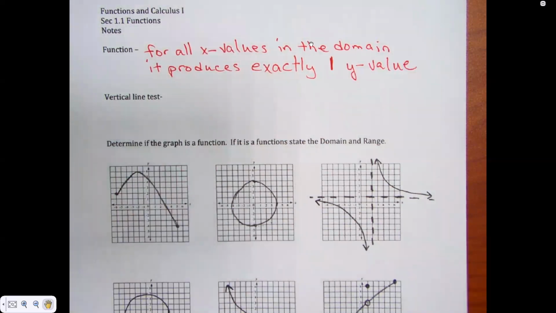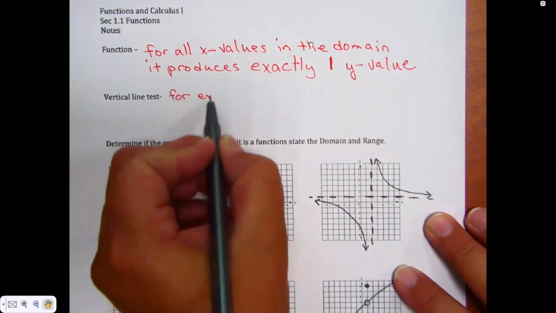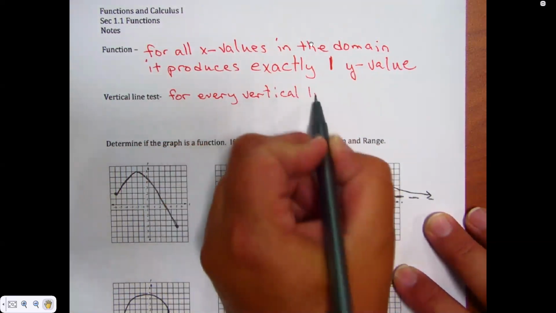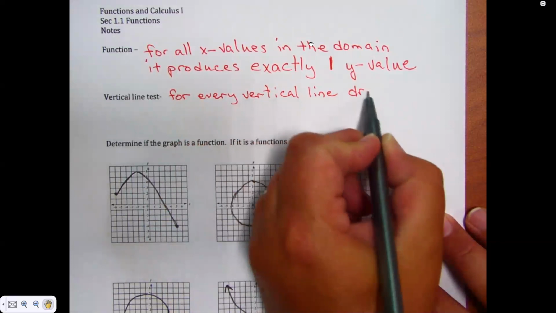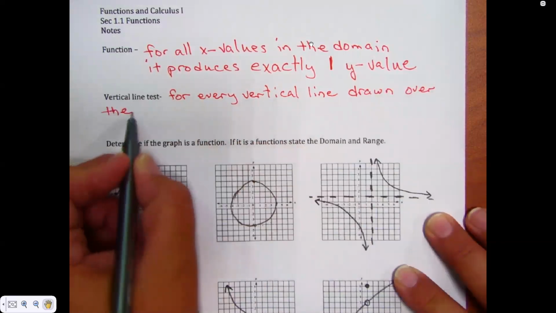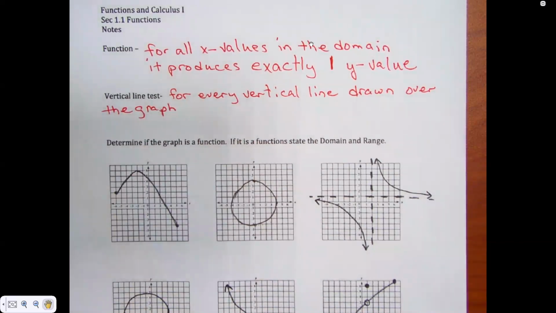Okay, and the vertical line test, that's a great way to test it if you have a picture, if you have a graph. So for every vertical line drawn over the graph, each line should only touch the graph one time. Because every time you touch the graph, that's a y value.